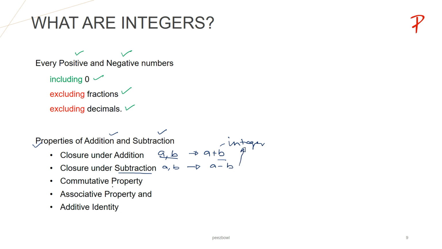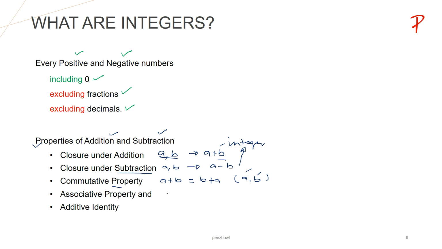Then we saw the commutative property. We saw no matter in which order we add integers, their sum is going to be the same. And this is also for any two integers a and b, where a and b both are integers. Then we saw the associative property. We saw that the way in which numbers are grouped in an operation does not change their result.